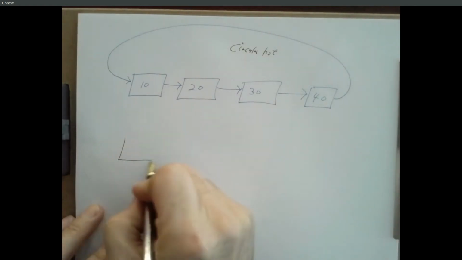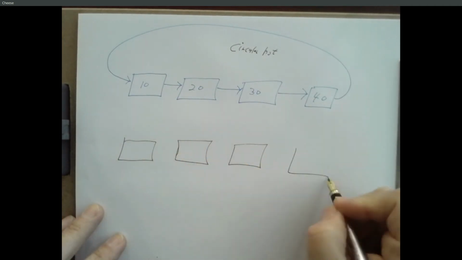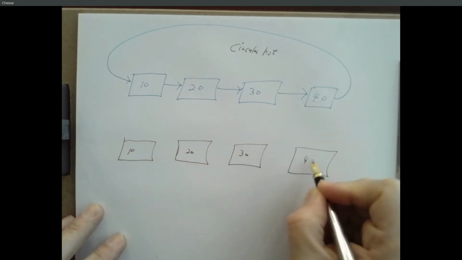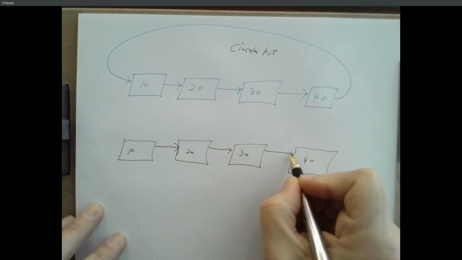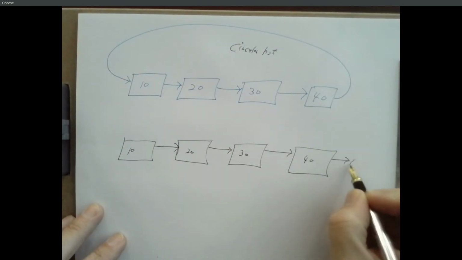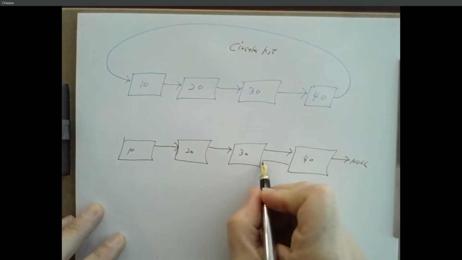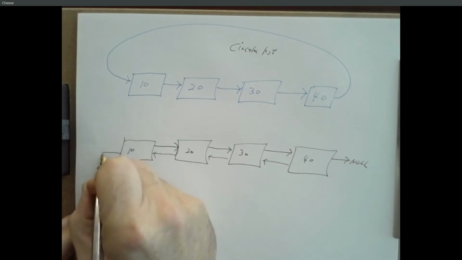The other thing that's handy is a two-way list. So normally our list looks like this. So we can add a second pointer to each node that points backwards.